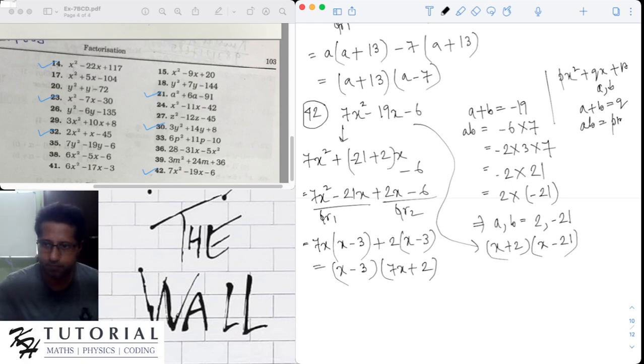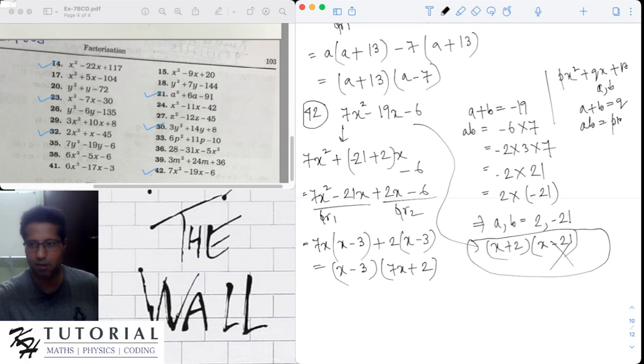I'm sorry. For the quadratic trinomial of the form px square plus qx plus r, once you have found a and b, the final factorization is not actually x plus a multiplied by x plus b. That is wrong. That will only work for the quadratic trinomial of the form x square plus px plus q.